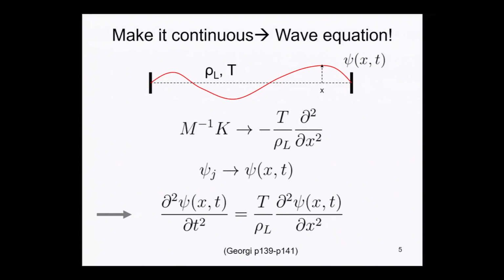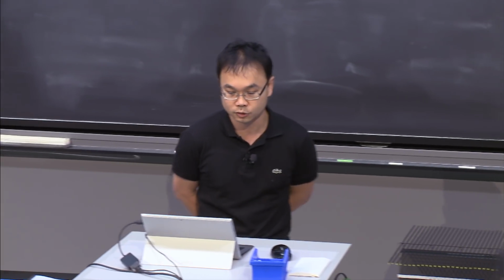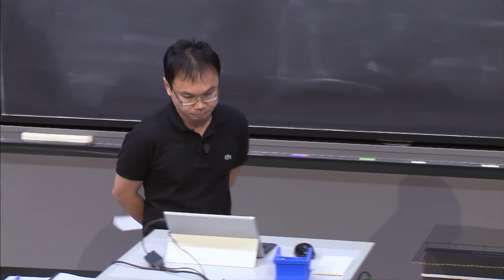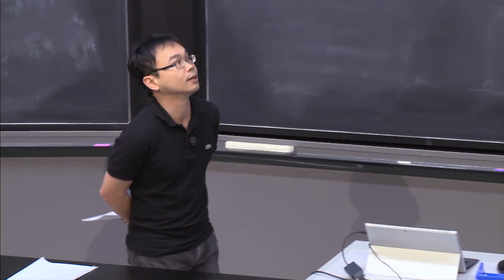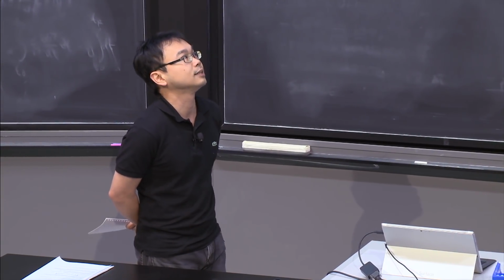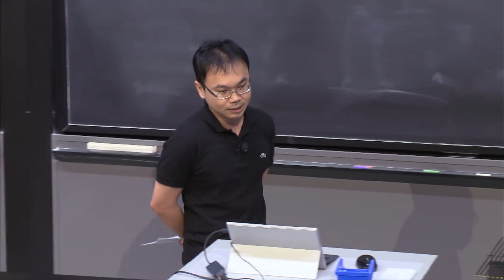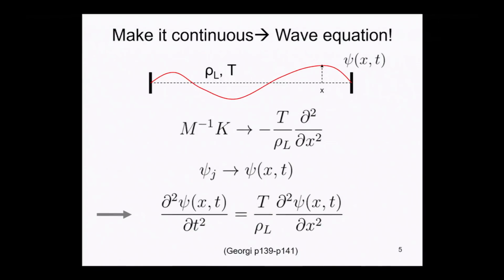The psi_j, which were discrete and evaluated at individual discrete positions in the x direction, becomes a continuous function, psi(x), and it's also a function of t. Therefore, from this exercise, we see a wave equation after we go to the continuous limit.